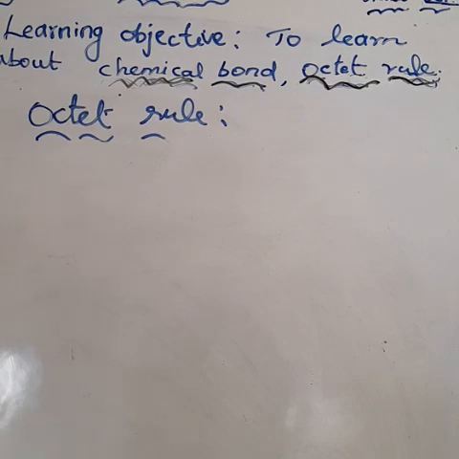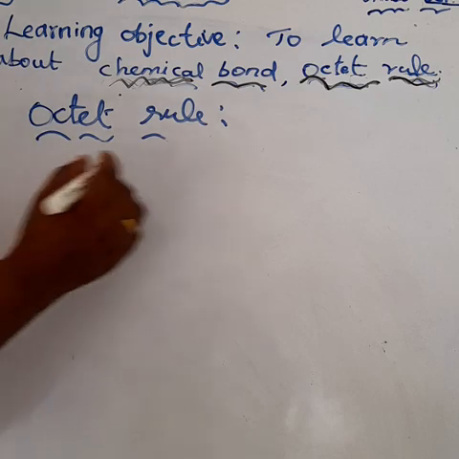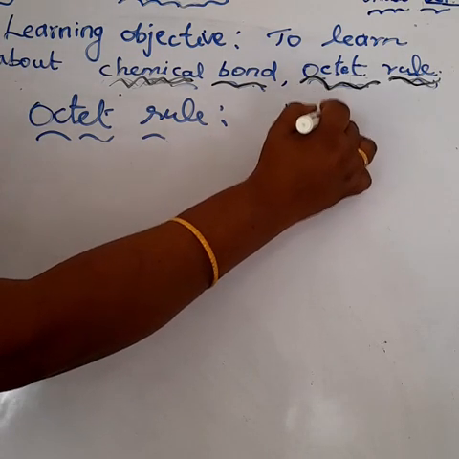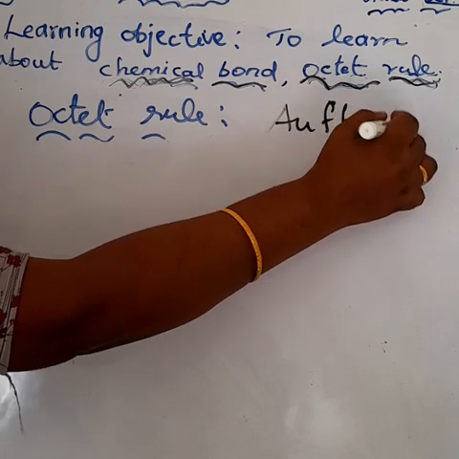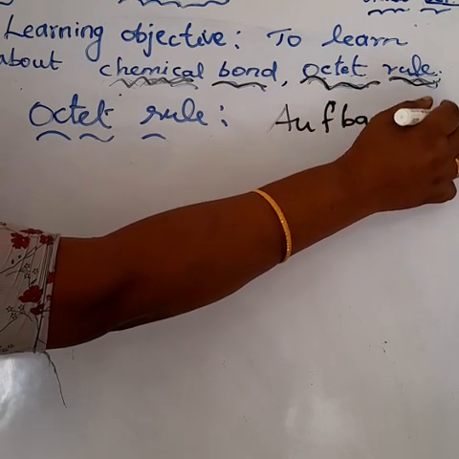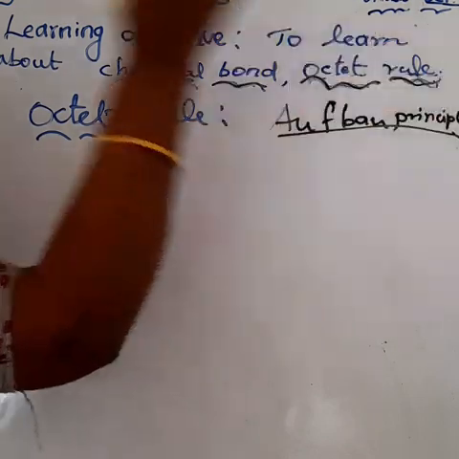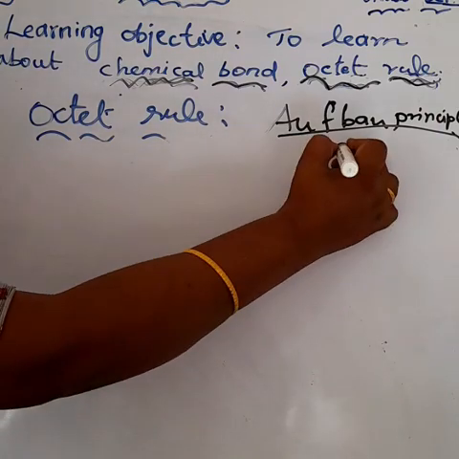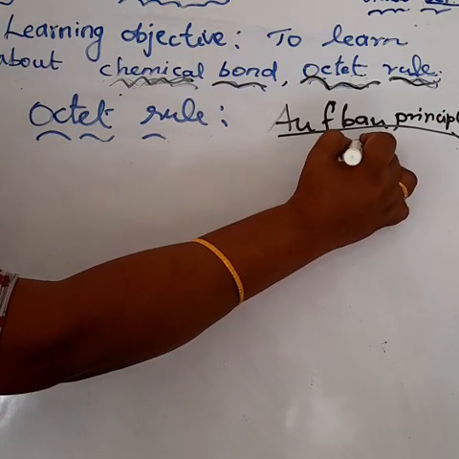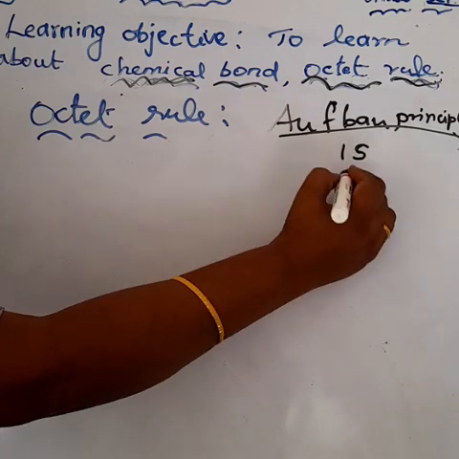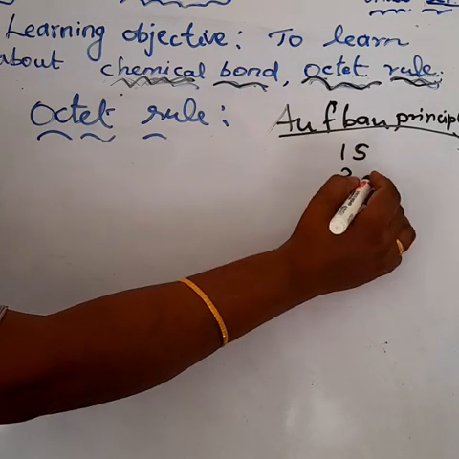Now we can write the electronic configuration according to the Aufbau principle, which we learned about yesterday. The Aufbau principle means electrons occupy subshells or orbitals.